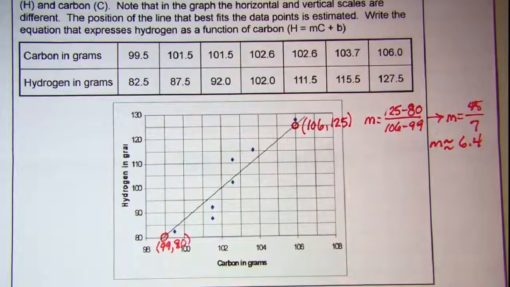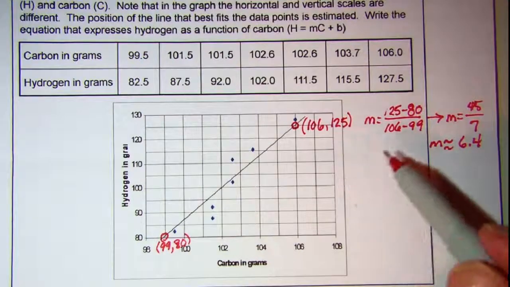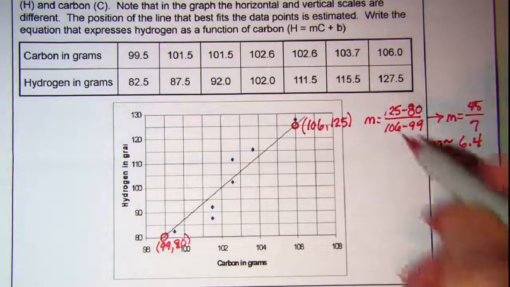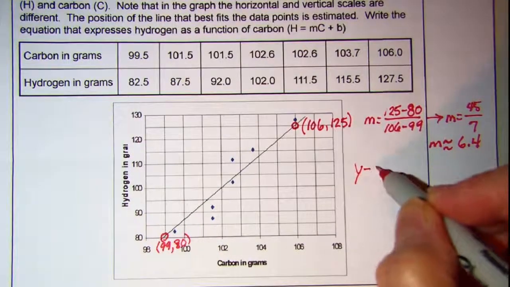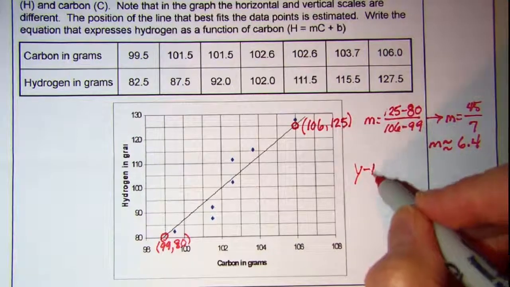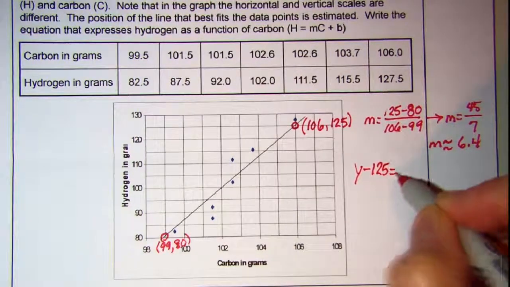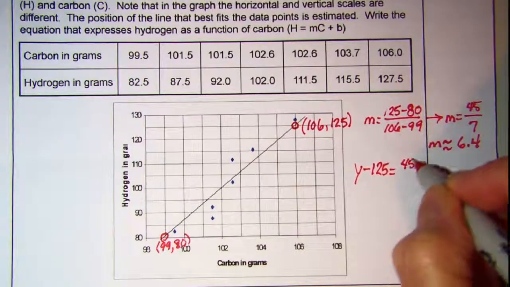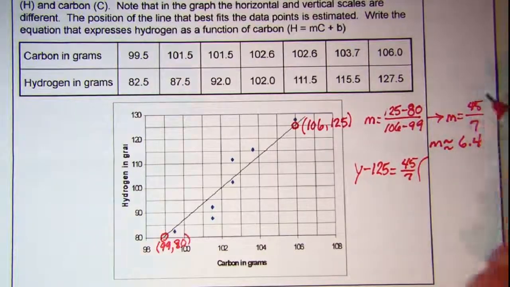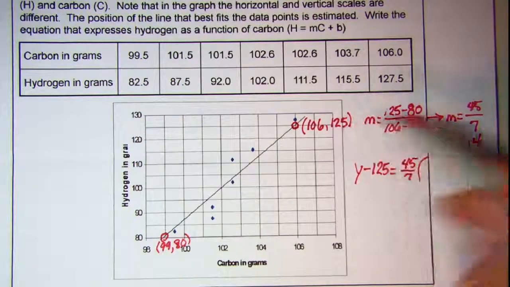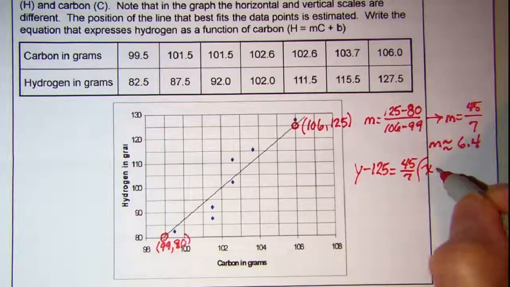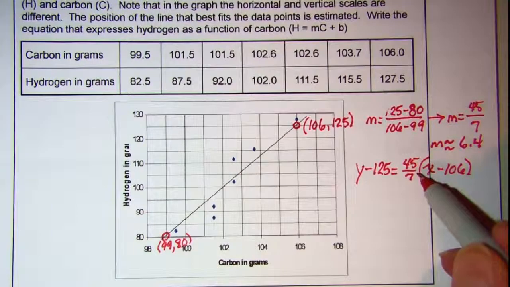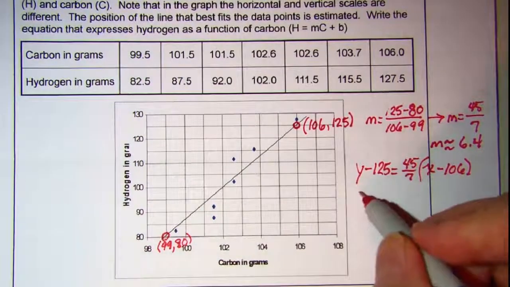Alright, now I can use the point-slope form. I'll use either one of these points. Let me go ahead and use this one up here. So y minus y1, which is 125, equals m, which is 45/7, times the quantity x minus x1, which is 106. We'll distribute the 45/7.